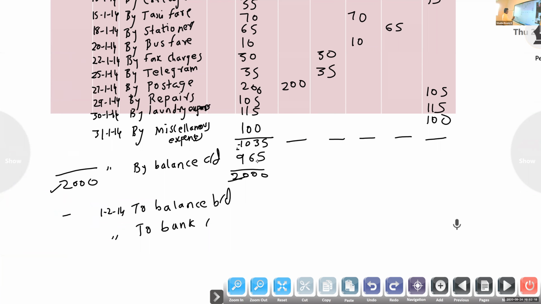So here 965. Then whatever he spent, that the main cashier has to give.